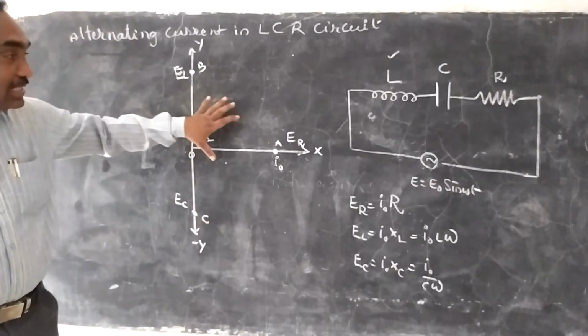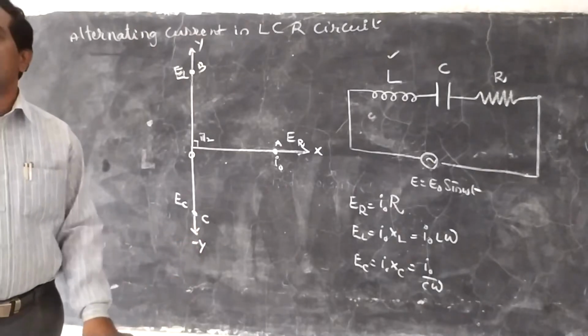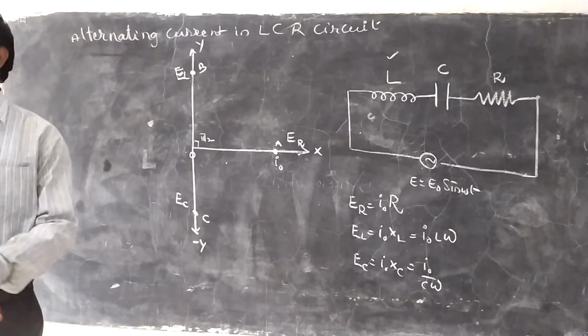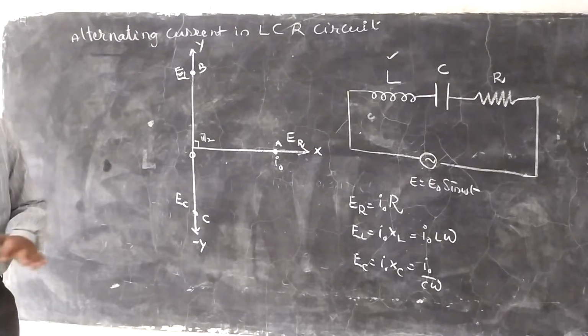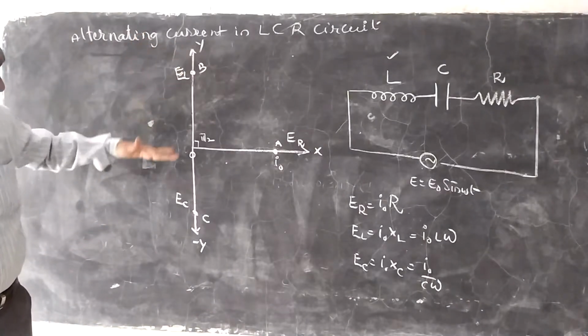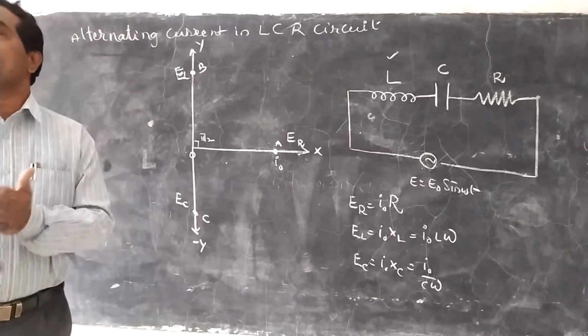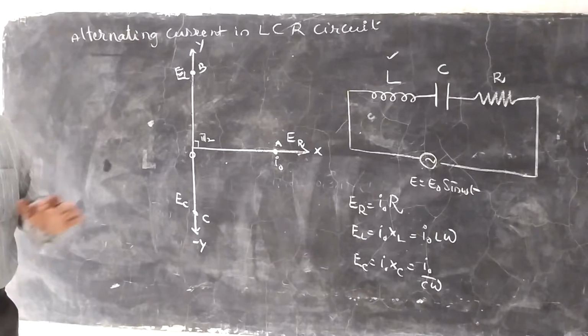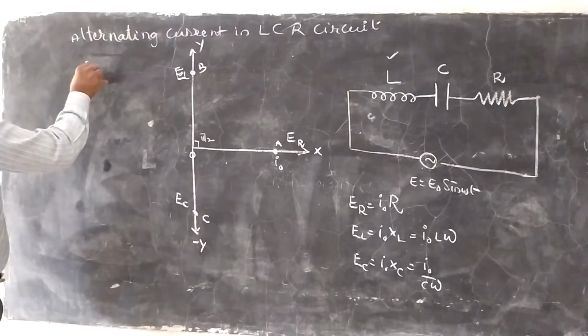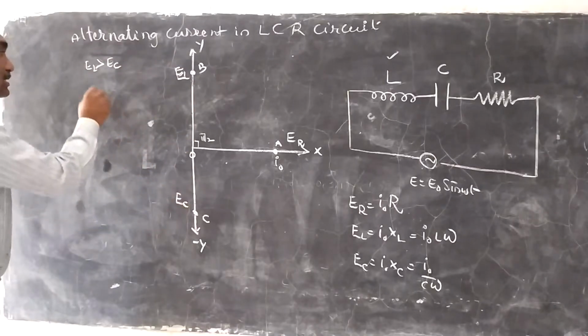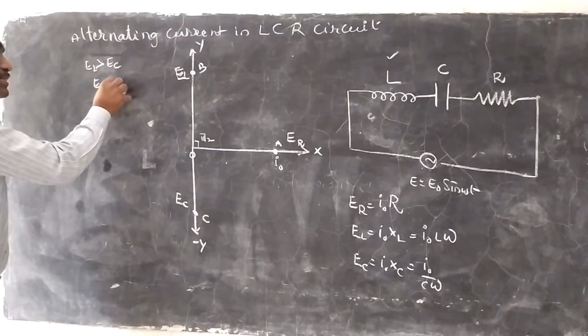So by using this vector diagram, we can easily calculate the impedance of the LCR circuit and also the phase difference. When we observe this diagram, EL and EC are opposite to each other, that means there is 180 degrees between them. If EL is greater than EC, the resultant of EL and EC is EL minus EC.